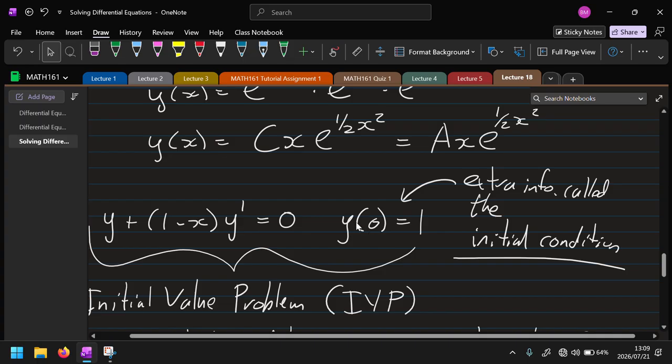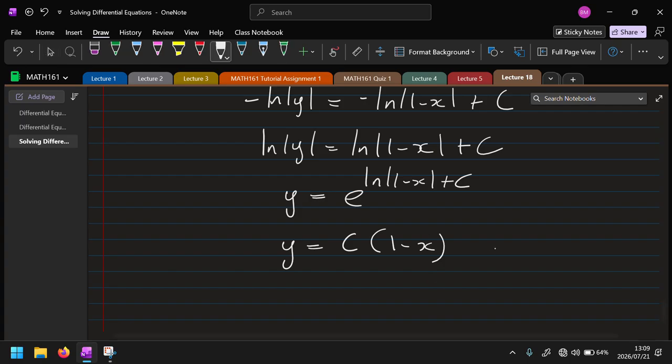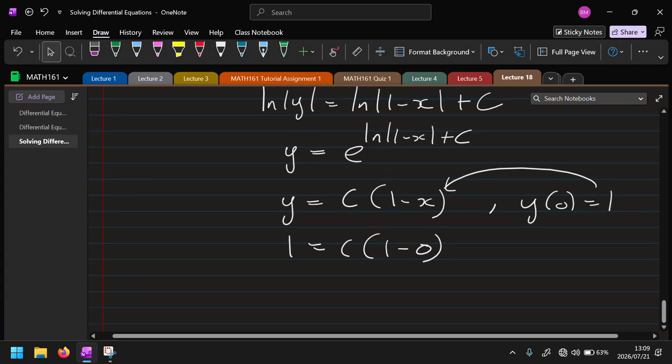So y of 0 is 1. We can substitute that in. So what does that mean? It means whenever x is 0, y is 1. Okay, very easy. c is just 1.